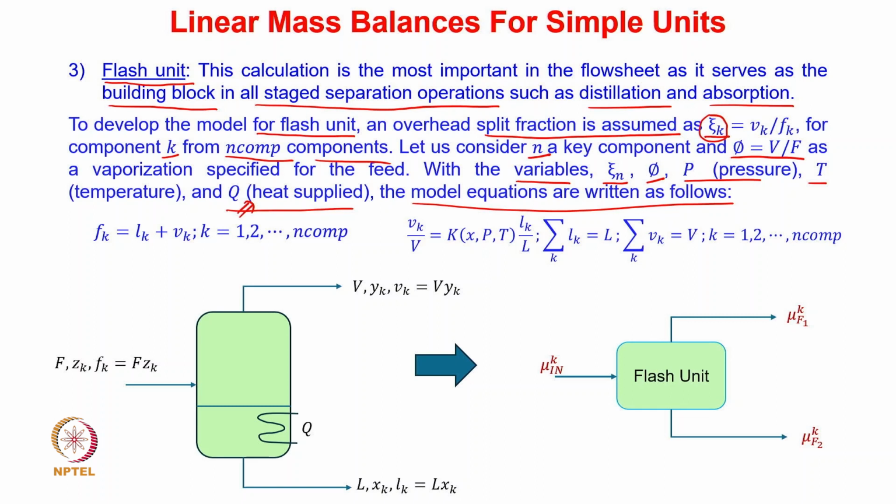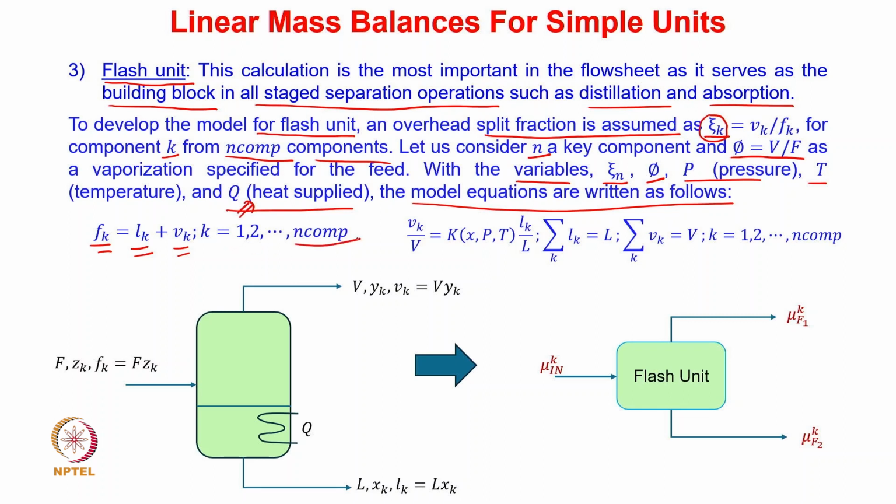So what will the model equations be? First, the molar flow rate of the kth component in the feed can be given as the molar flow rate of the kth component in the liquid plus the molar flow rate of the kth component in the vapor. So F_k is given as L_k plus V_k, where k varies from 1 to the total number of components n.